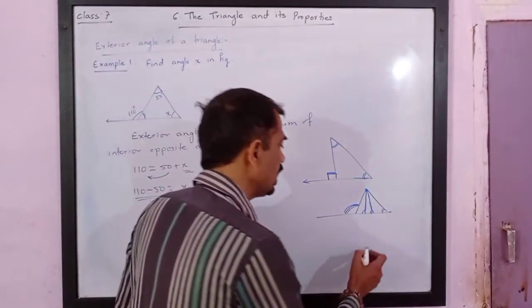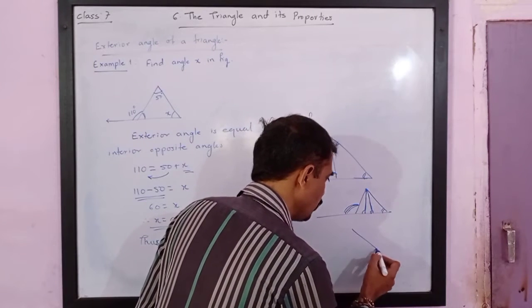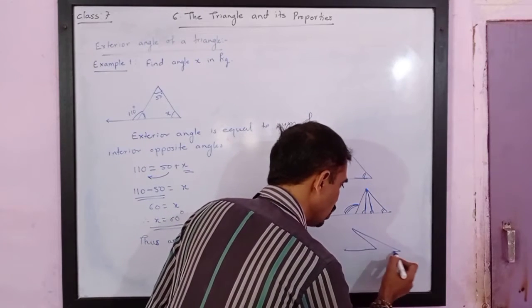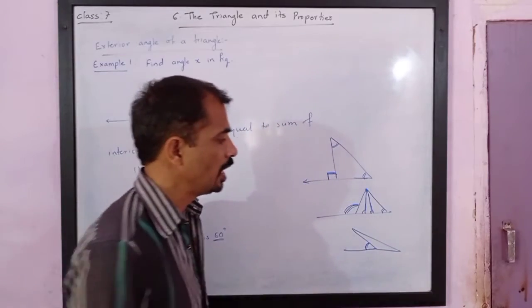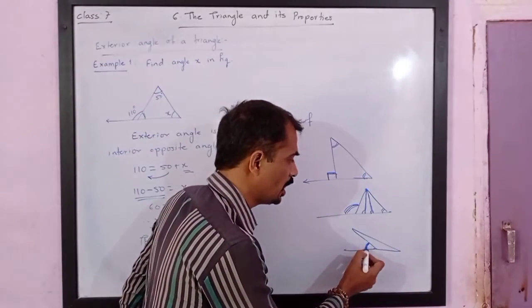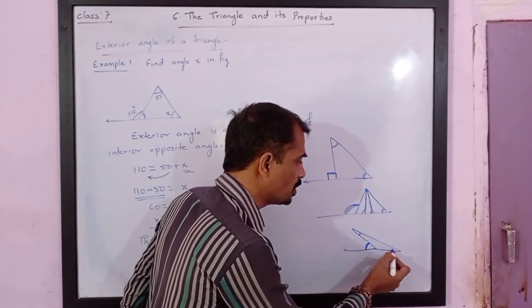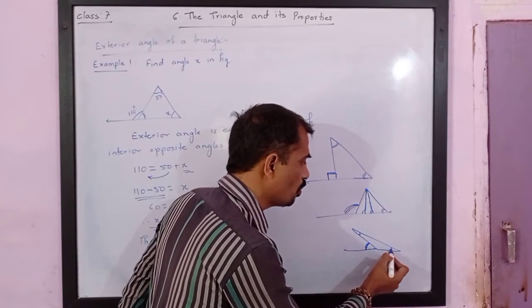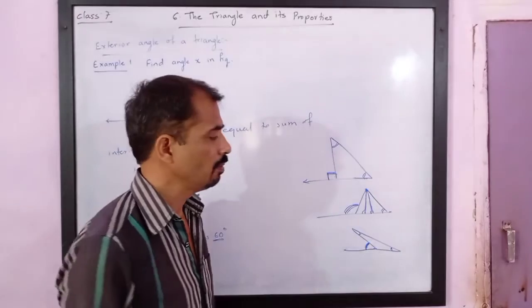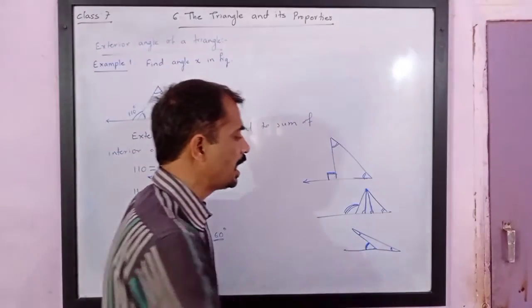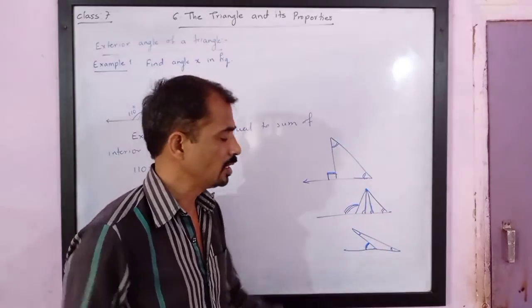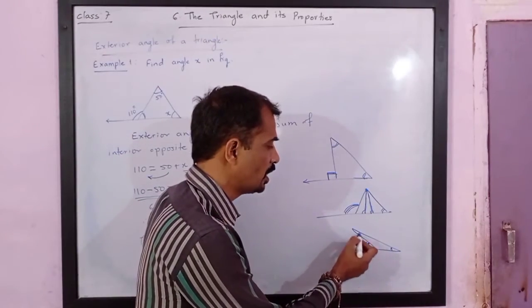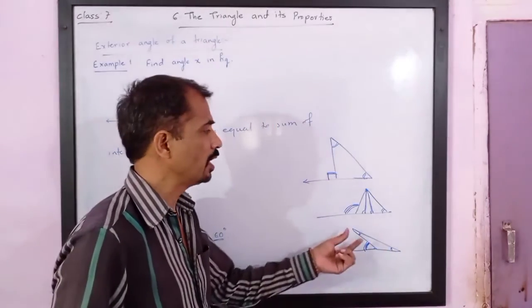Then if the exterior angle is acute, watch carefully. If the exterior angle is acute, it means its interior opposite angles must also be acute only, because we have already studied the property that exterior angle is equal to the sum of remote interior angles. It means if this is acute, the sum must be acute angles.